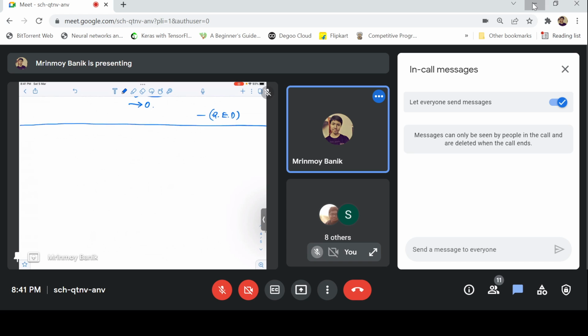The first term is x2 minus x1, then x3 minus x2, so it cancels out nicely. We are left with xn plus 1 minus x1. So this is the limit as n tends to infinity of capital N plus 1, xn plus 1 minus x1.